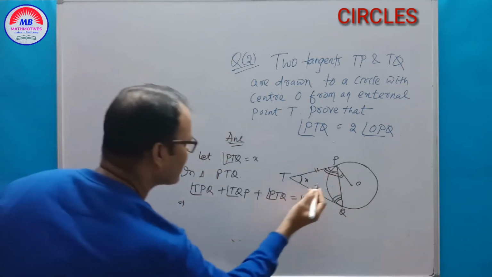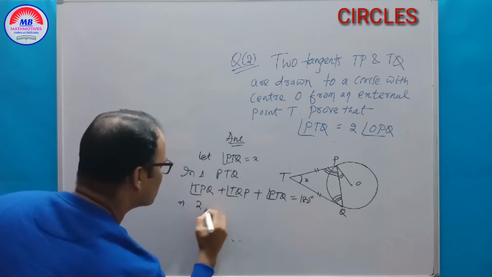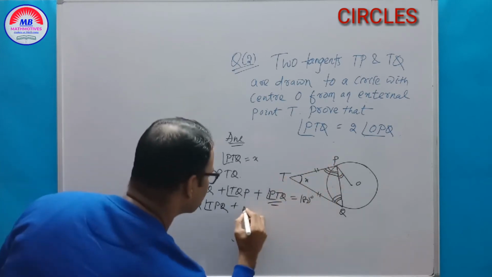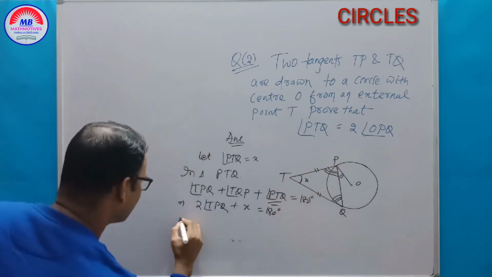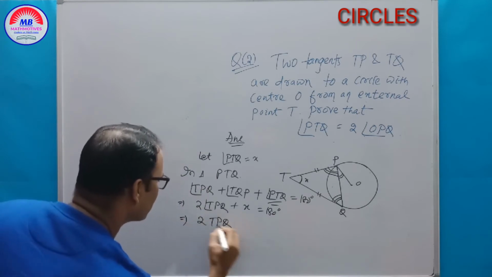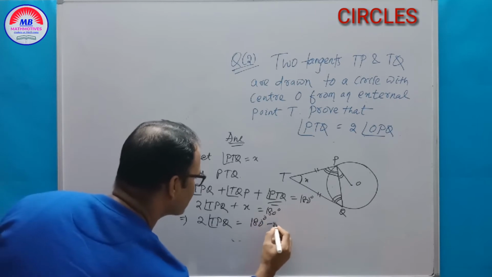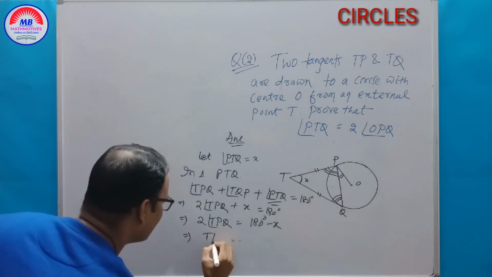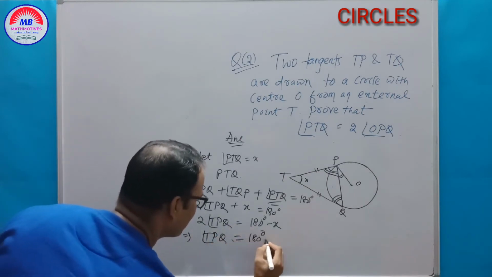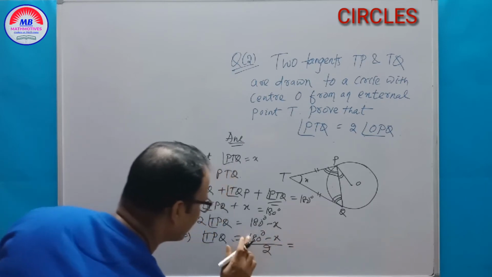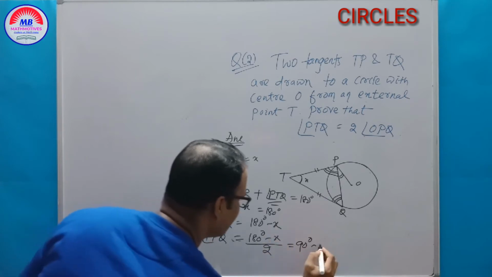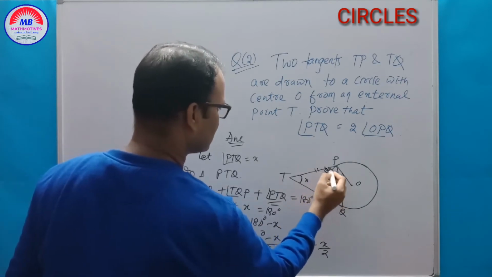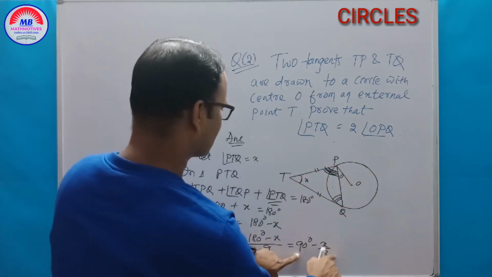So 2 TPQ plus X equals 180 degrees. That implies 2 TPQ is equal to 180 degrees minus X, so TPQ is equal to 180 degrees minus X by 2, that is, 90 degrees minus X by 2.